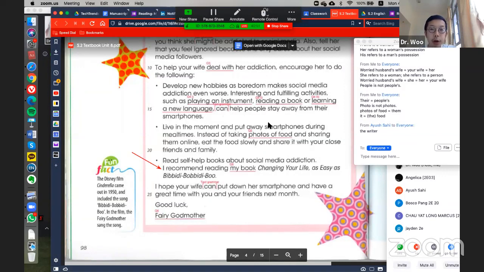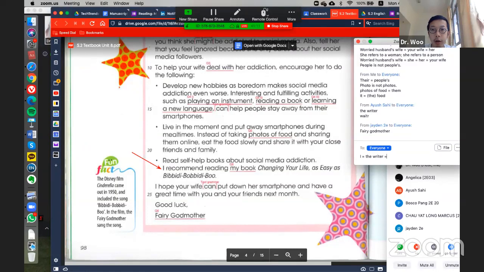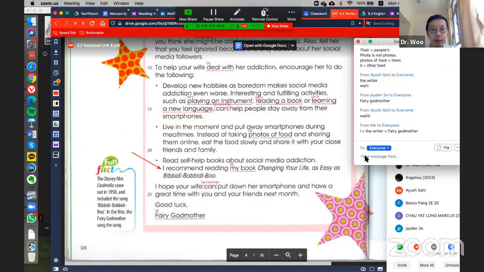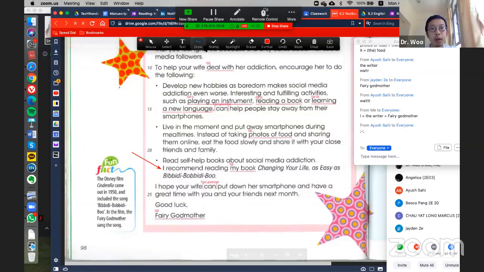Okay, Dr. Ayush, who is the writer? I equals the writer, which equals fairy godmother. Jaden beat you to the punch, Dr. Ayush. A lot of tears. So I refers to the fairy godmother.